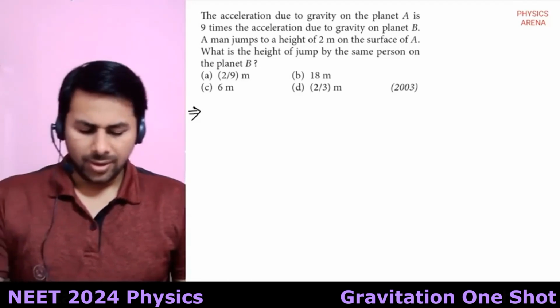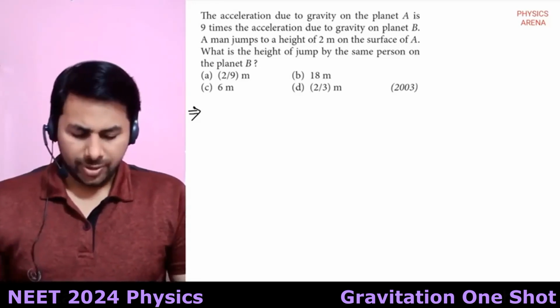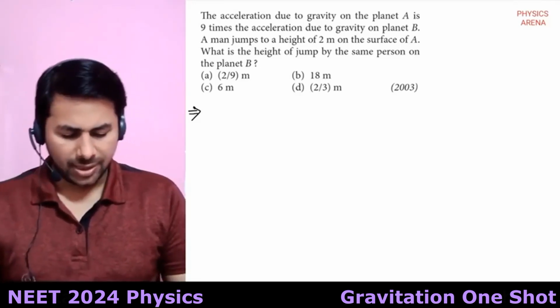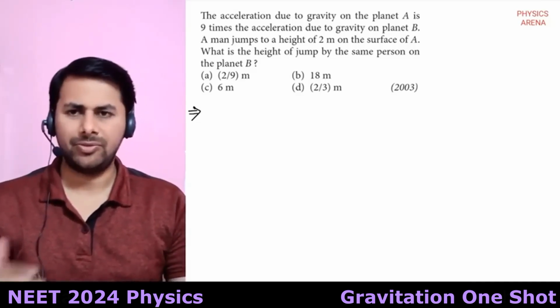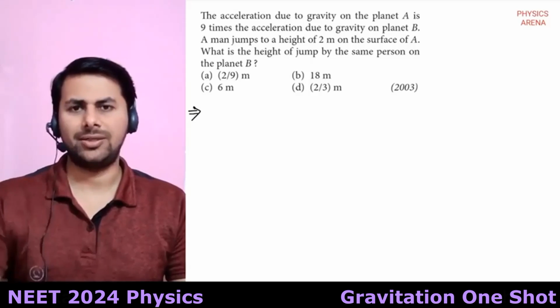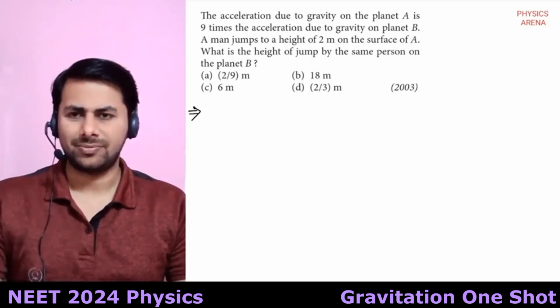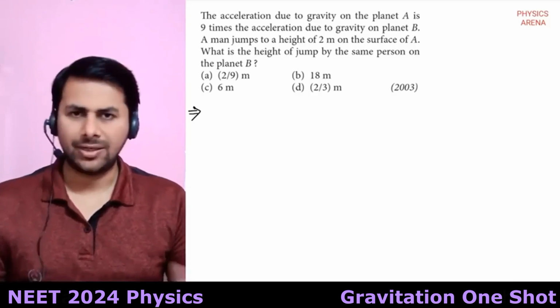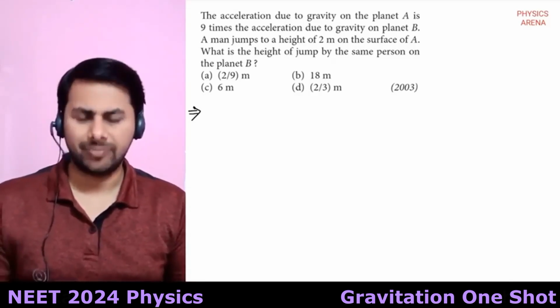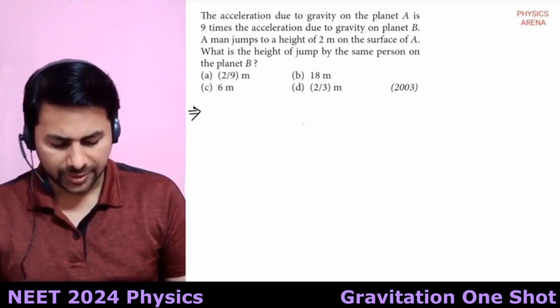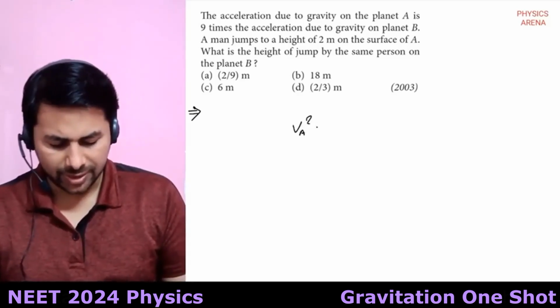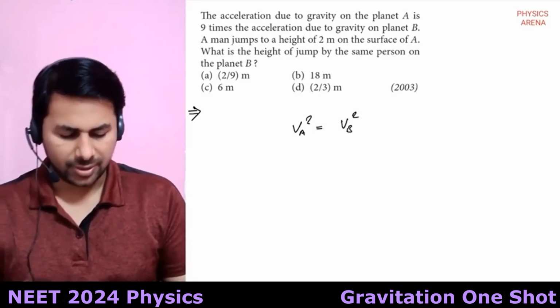Okay, so see, suppose the man jumps, then we'll consider that v is the same speed with which he's jumping. The initial kinetic energy is the same on planet A as well as on planet B. And therefore what I can say is vA square is equal to vB square.